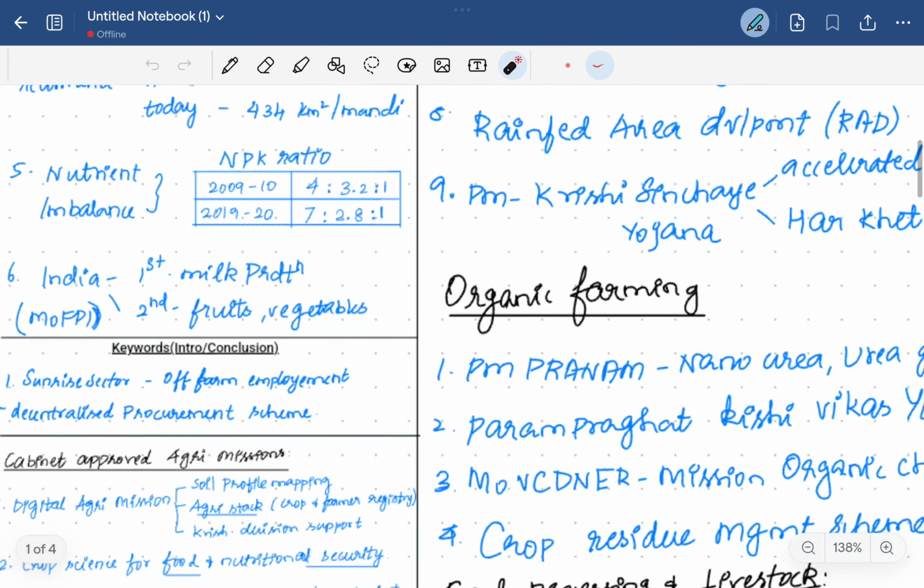Then the keywords used here. The sunrise sector is nothing but a blooming or rising sector. For example, the food processing industry is a highly valued, highly growing area where more investment is needed, and which eventually produces more results in the form of FTA or other things.